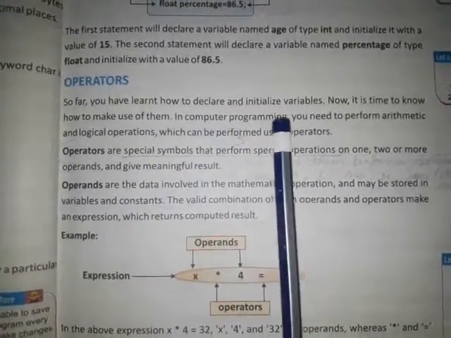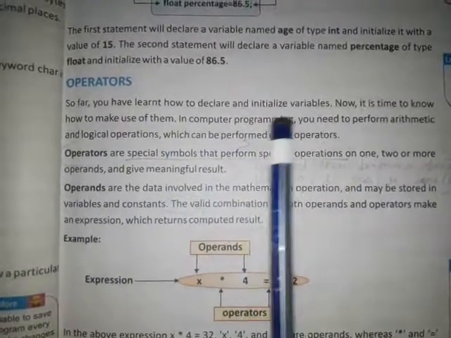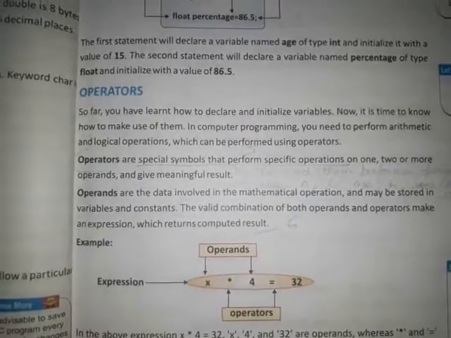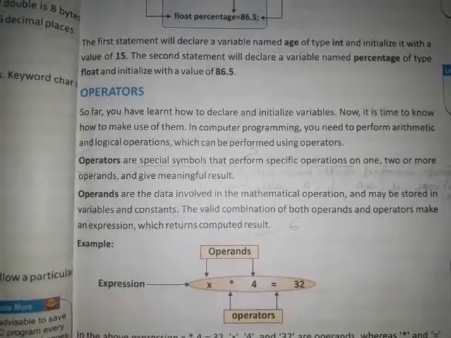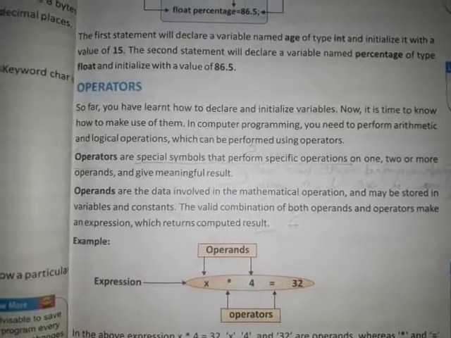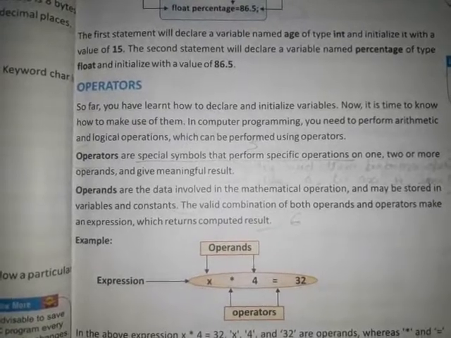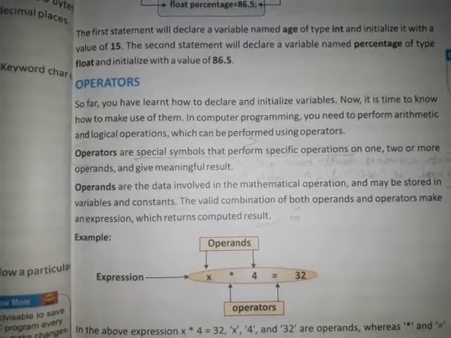In computer programming, you need to perform arithmetic and logical operations, which can be performed using operators. So on different types of variables, we have to perform different types of operations such as arithmetic operations, addition, subtraction, and logical operations. Logical operations mean whether this value is correct, whether this value is incorrect.